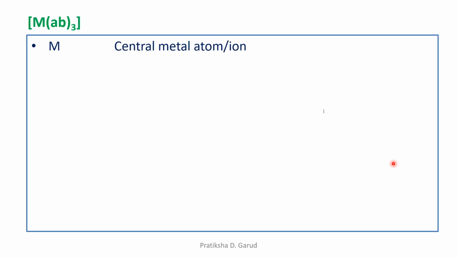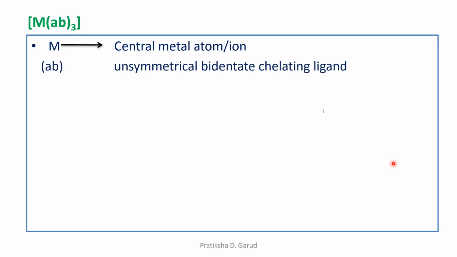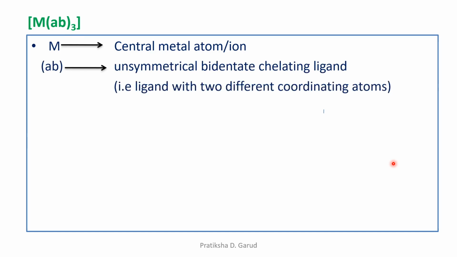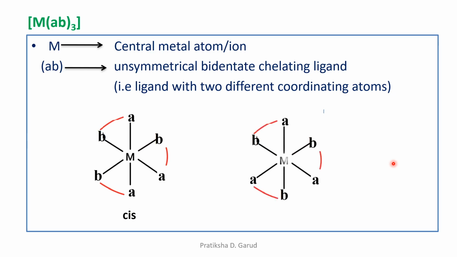M is a central metal atom or the ion, whereas AB is the unsymmetrical bidentate chelating ligand, that is the ligand with two different coordinating groups. In earlier cases, we were having the ligand with the same coordinating group, but here AB means the ligand with two different coordinating groups. So we are having the cis isomer and then we are having a trans isomer.